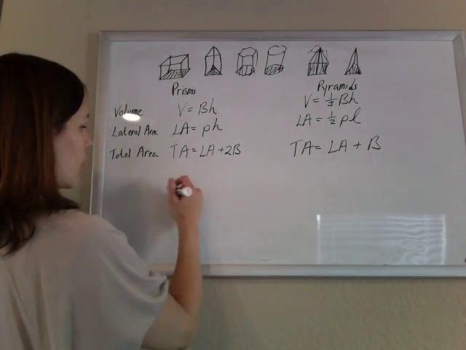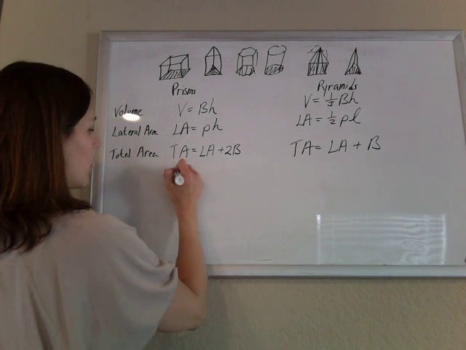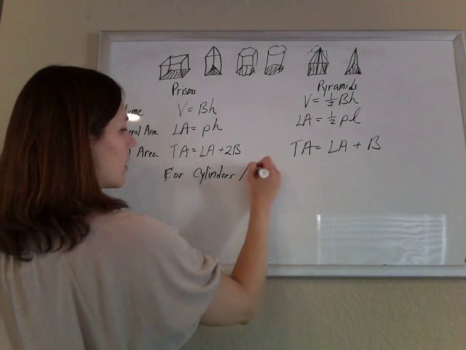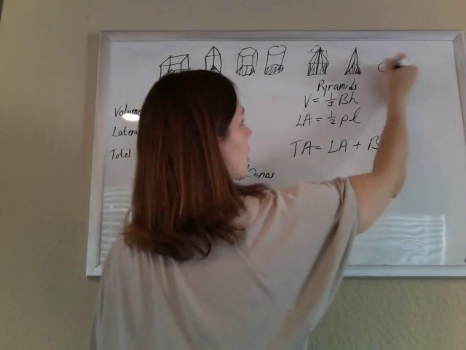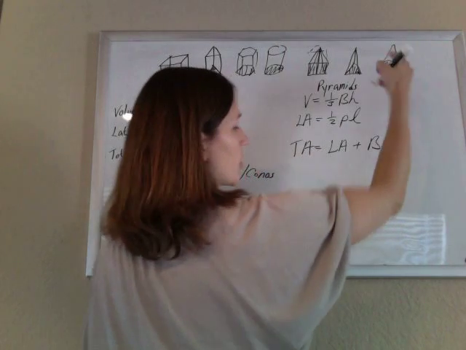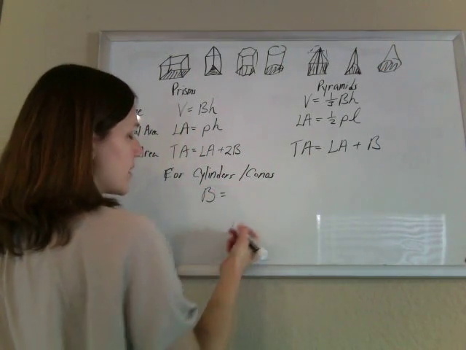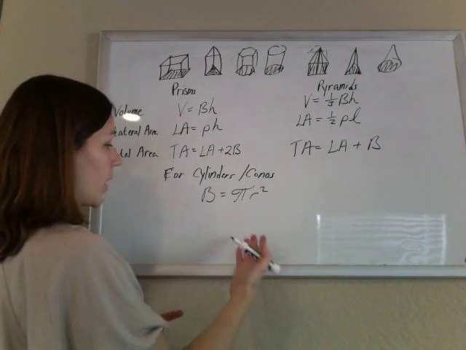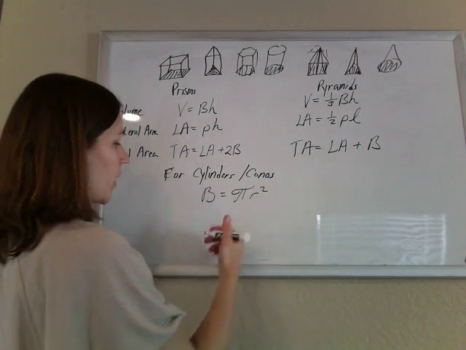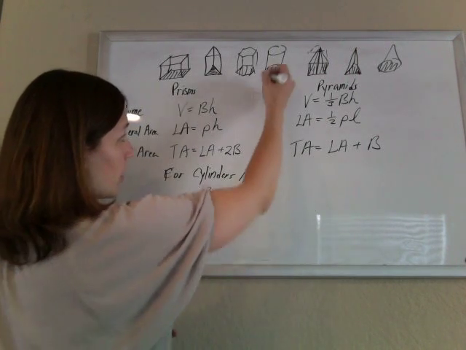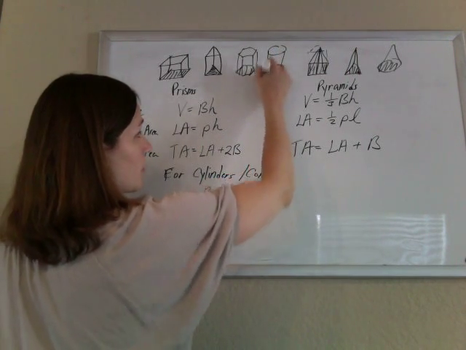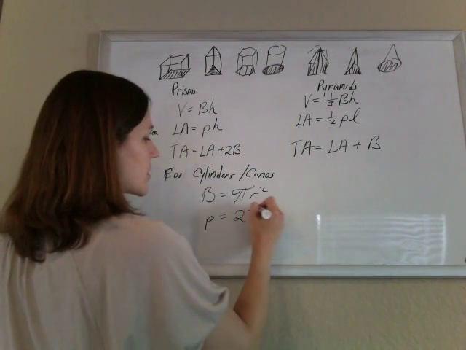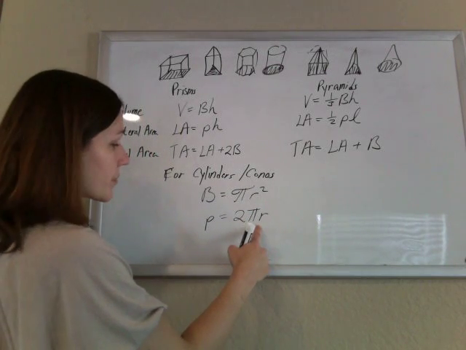So as long as you know that for cylinders and cones, which are just pyramids with circular bases, the area of the base is just the area of a circle, which we already have memorized anyway, so the base is pi r squared. The perimeter of a cylinder base is just the circumference of the circle. So the circumference of the circle is 2 pi r.